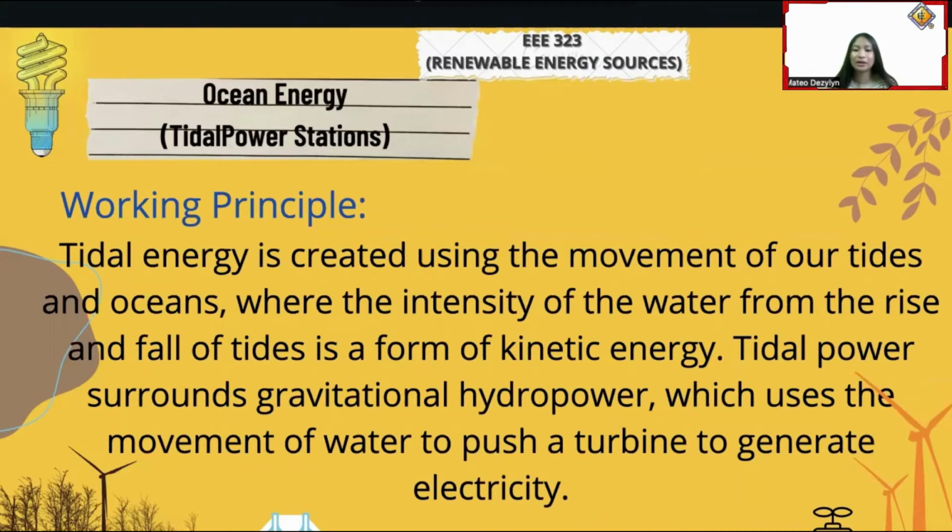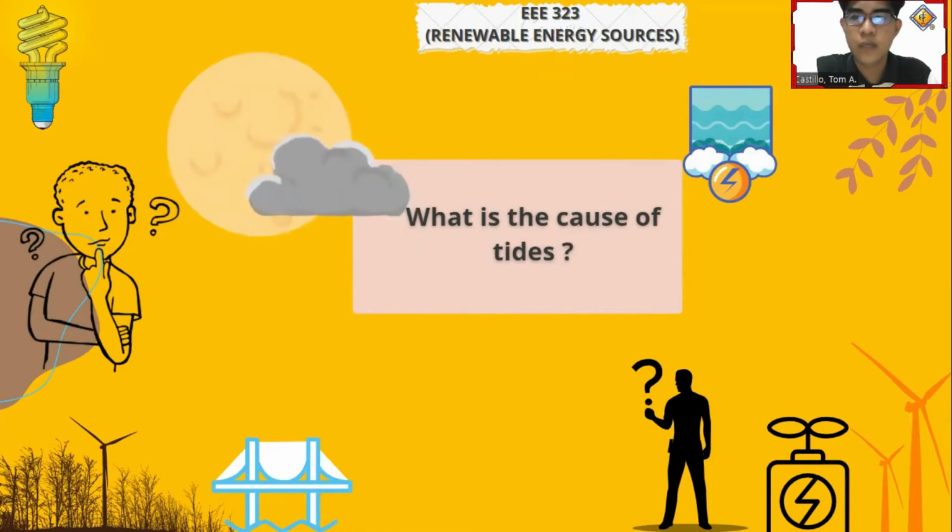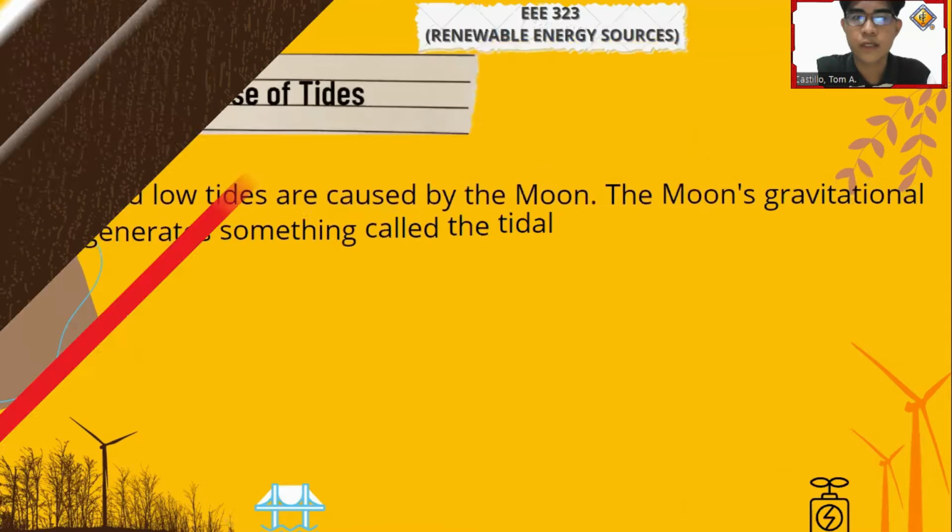Tidal power resembles conventional hydropower, which uses the movement of water to push a turbine to generate electricity. It means tidal energy works via a turbine, and the turbine is connected to a gearbox that turns a generator, creating electricity.